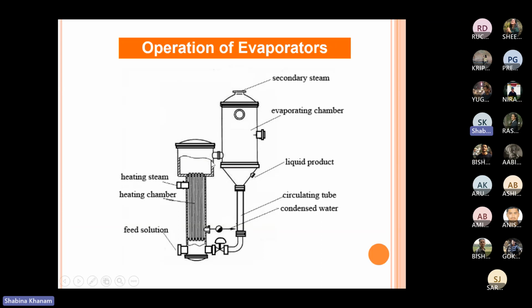Then that vapor and liquid mixture enters into this separating chamber, or we can say the evaporating chamber. This is actually the separation. When the vapor and liquid mixture is available over here, it comes across a larger volume.